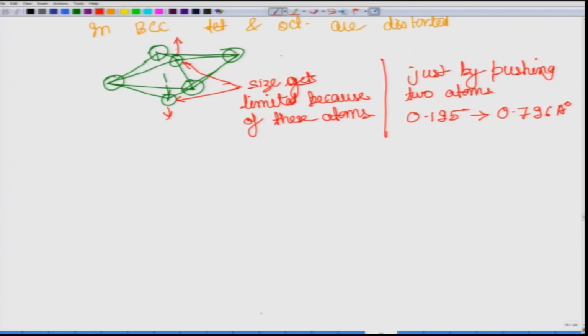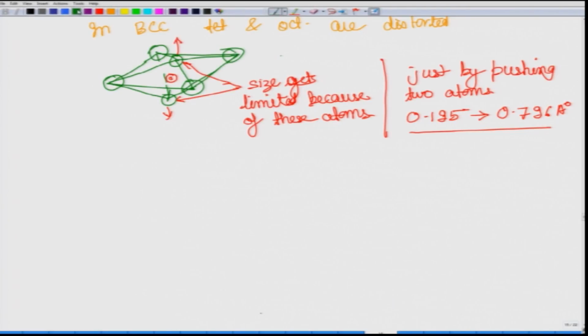So you will have to cause a little bit of strain, and that will get included in the enthalpy of formation. By pushing those two atoms, the interstitial over here, which is carbon in this case, can increase the size from 0.195 angstroms to 0.796 angstrom, which is a big deal.